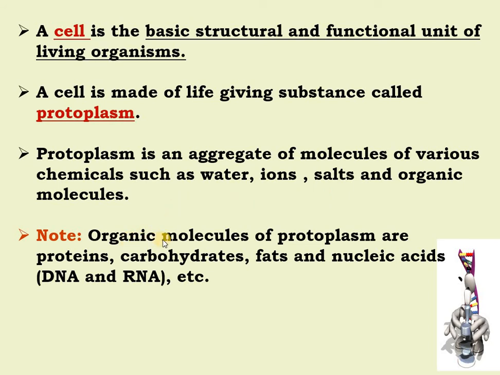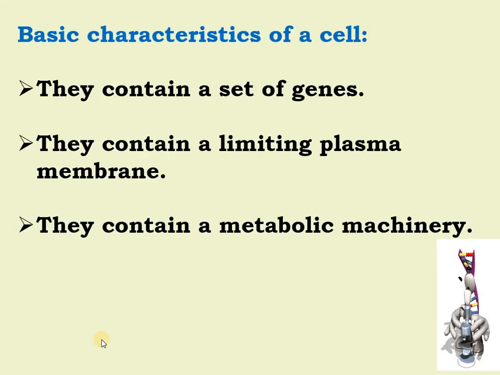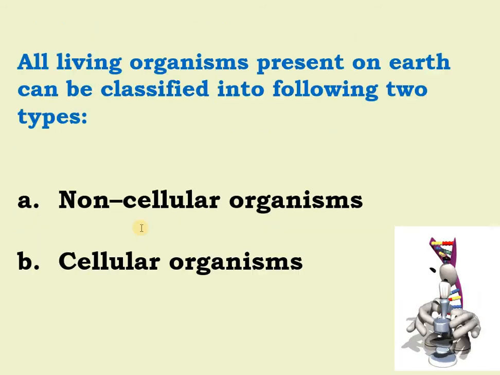Actually, the organic molecules of protoplasm are the proteins, carbohydrates, fats, and nucleic acids like DNA, RNA, etc. So if we talk about the basic characteristics of a cell, we must say that cells contain a set of genes, a limiting membrane, and a metabolic machinery.